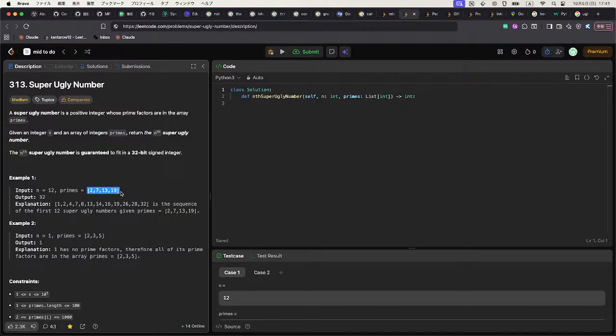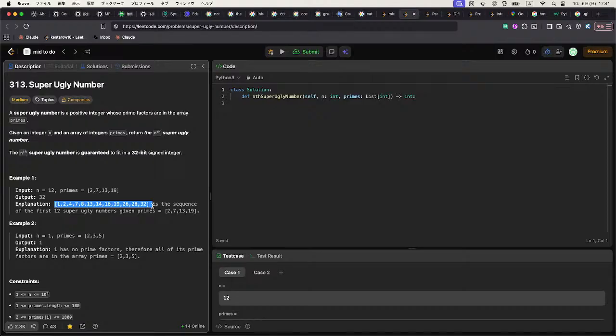So maybe we have to generate the super ugly numbers like this, and yeah, return the nth number of it.